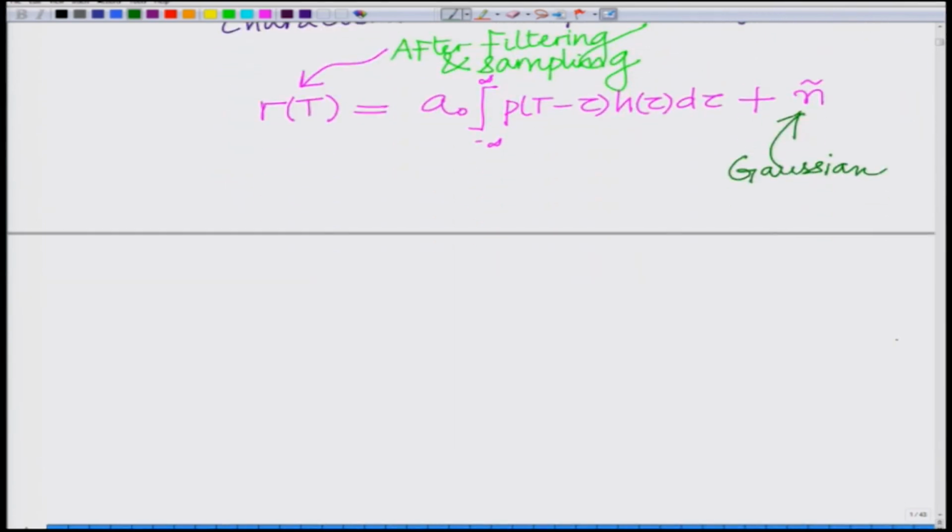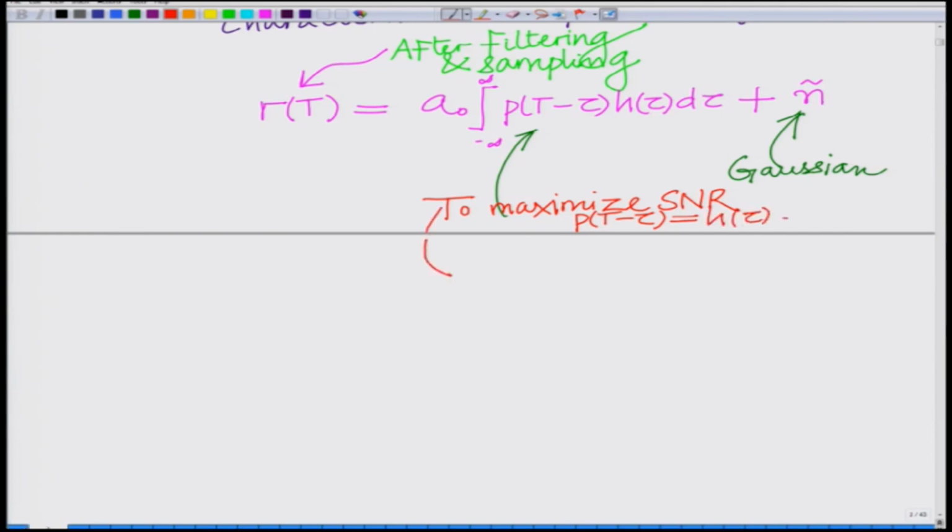And further we have seen that to maximize the signal to noise power ratio, SNR, we have to use the optimal filter, which is the matched filter. We have to choose h of tau equals p of t minus tau.